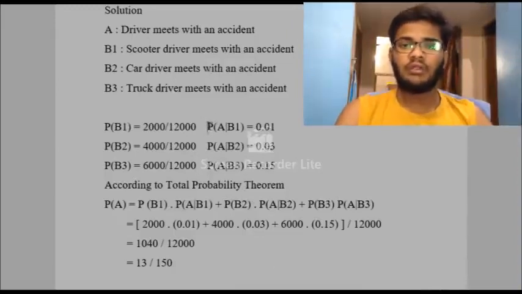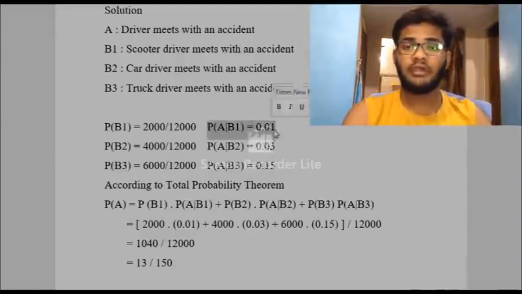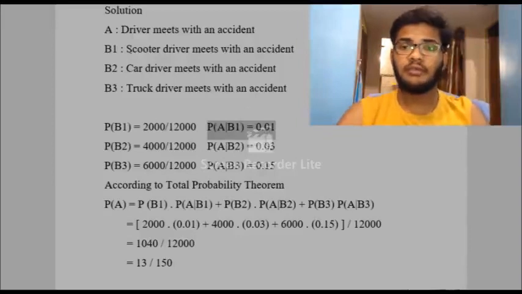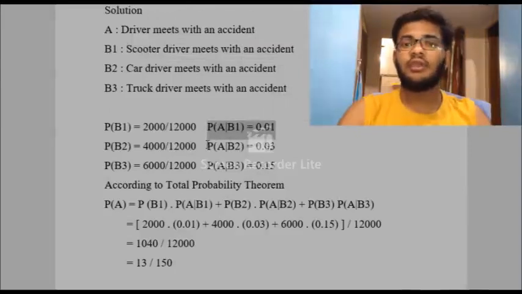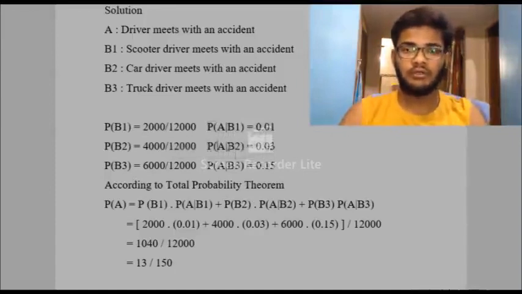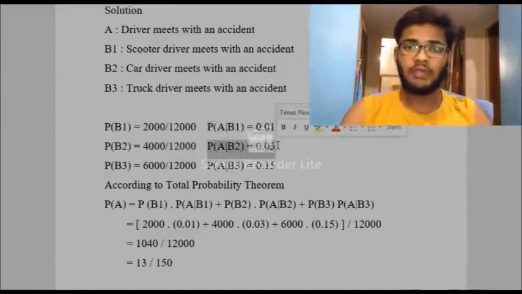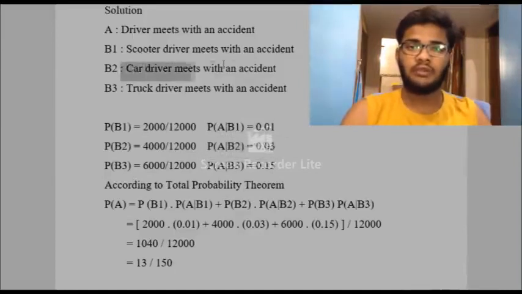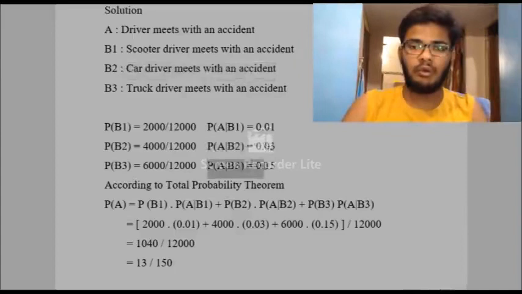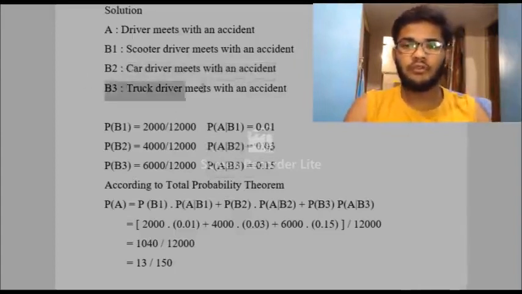Now let's find P of A given B1. Here P of A given B1 means that the person selected meets with an accident and that person is a scooter driver, which is 0.01. Then P of A given B2, that a person who meets with an accident is a car driver, is 0.03.